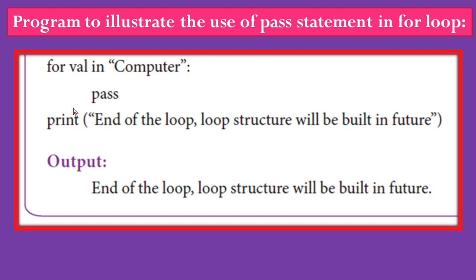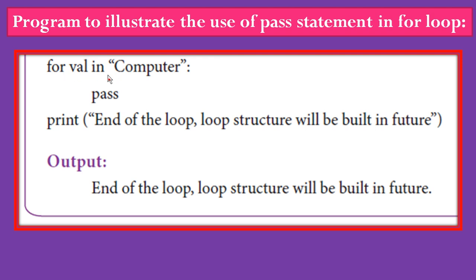So this loop should be evaluated 8 times, but the pass statement is situated here. So none of the statements are executed in the for structure, because we are using the pass statement here. The control directly transfers to the end of the loop. The message "loop structure will be built in future" is printed here.